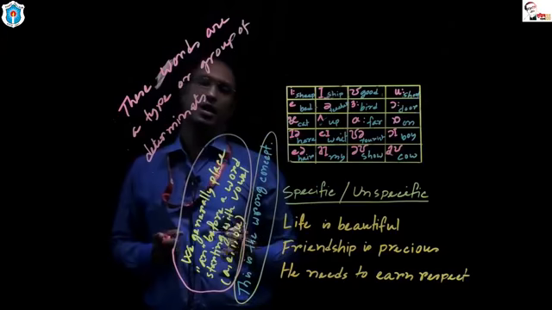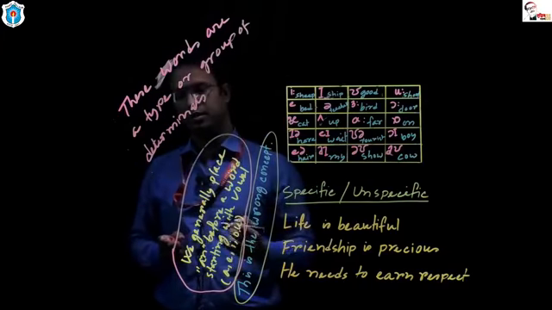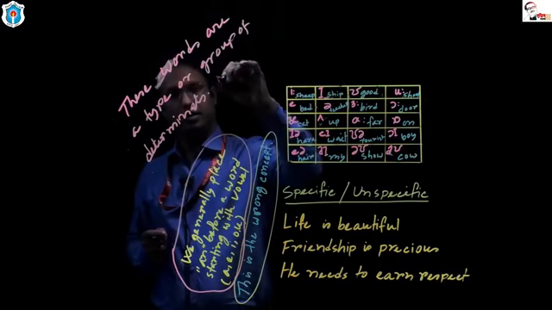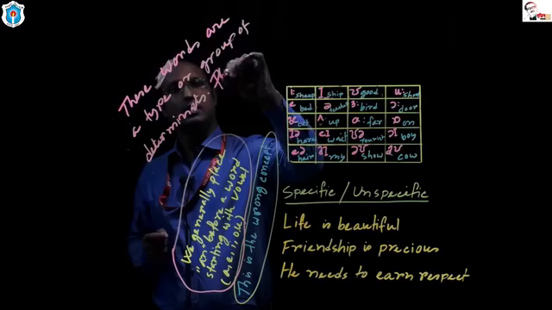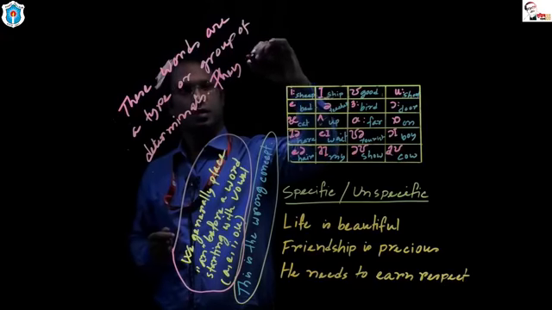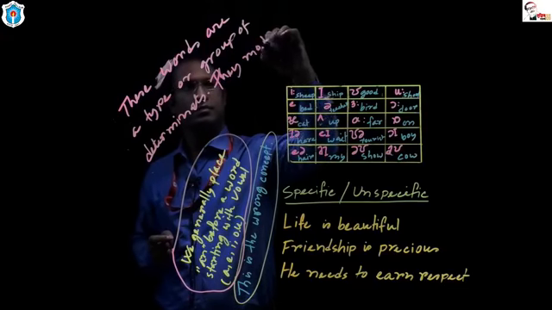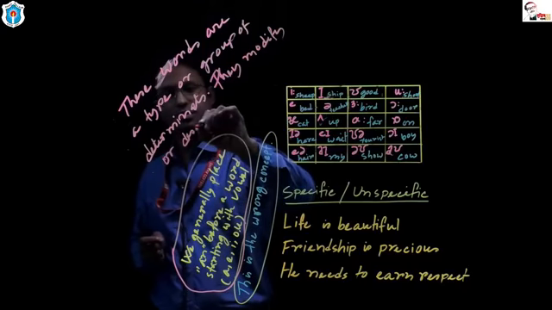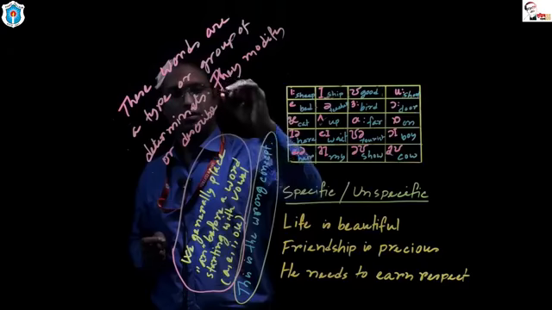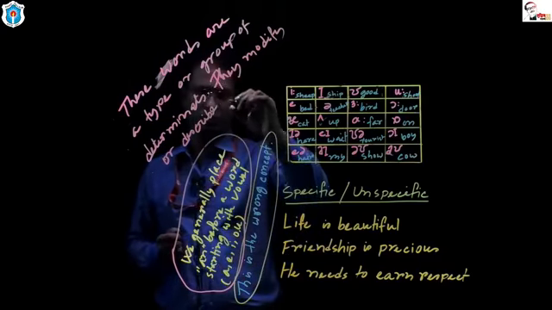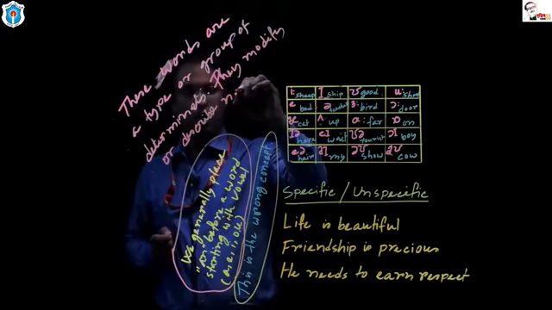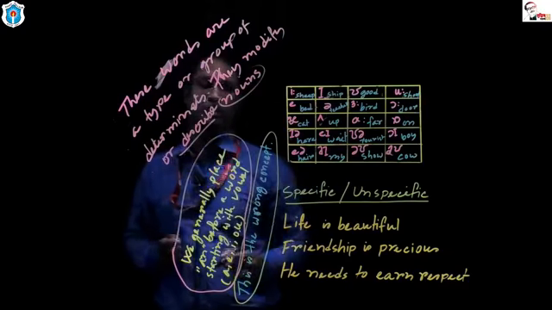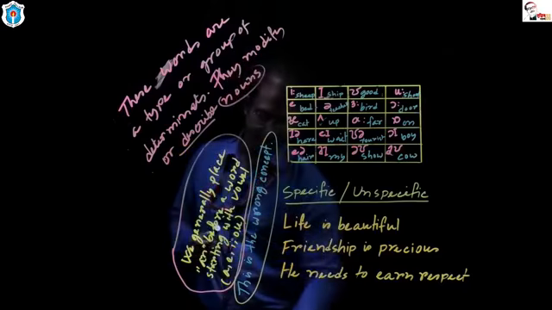That means these articles determine nouns. They modify or describe. They modify or describe what? Nouns. As they describe or modify nouns, that's why articles are always adjective.